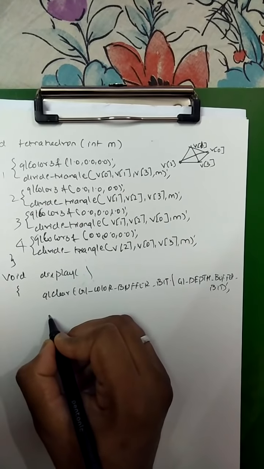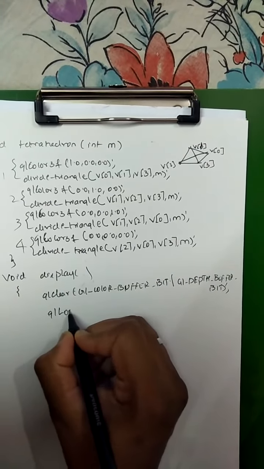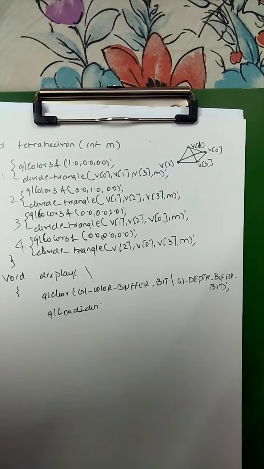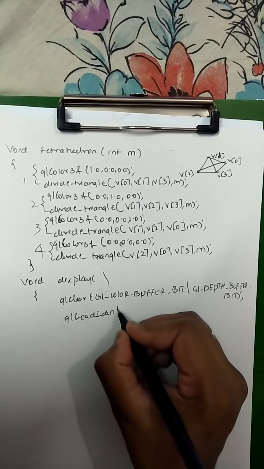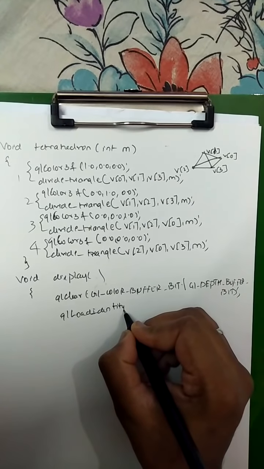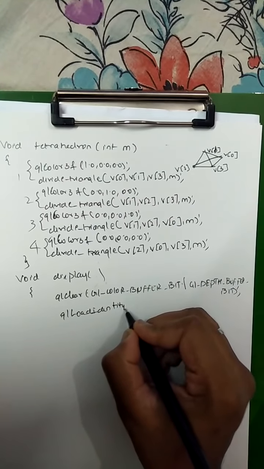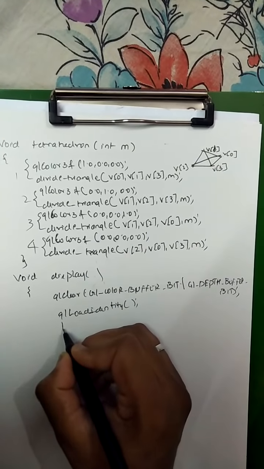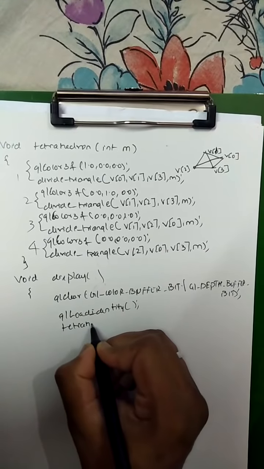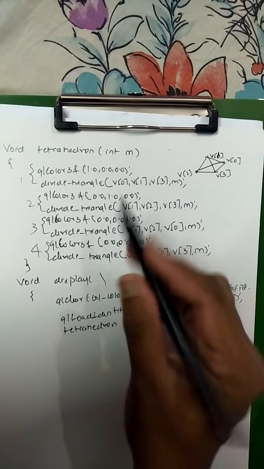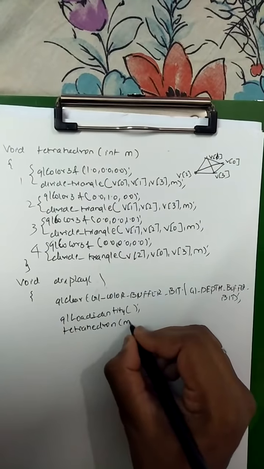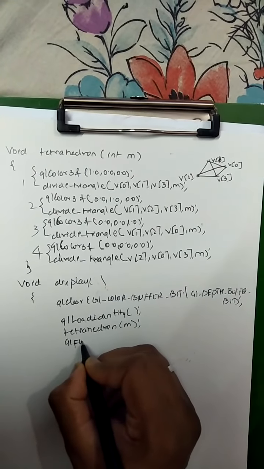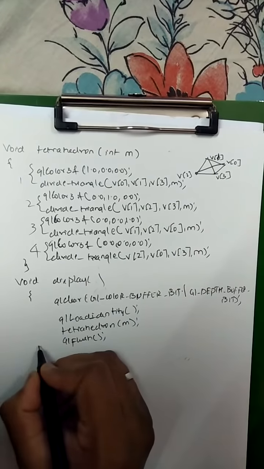Next, load the identity matrix. Then call the tetrahedron function, passing M, that is number of times it has to divide, and call glFlush, so it helps in fast rendering.